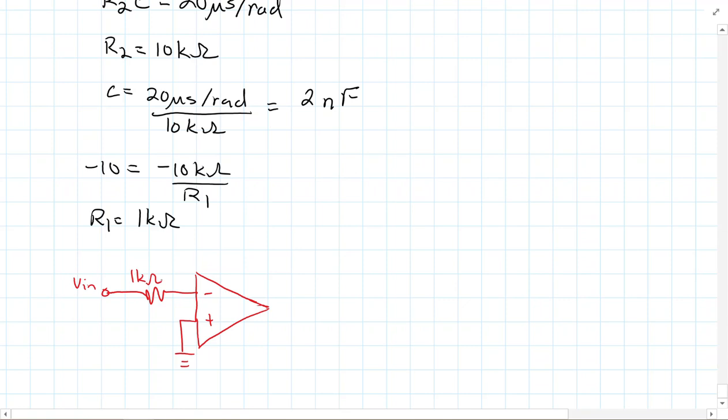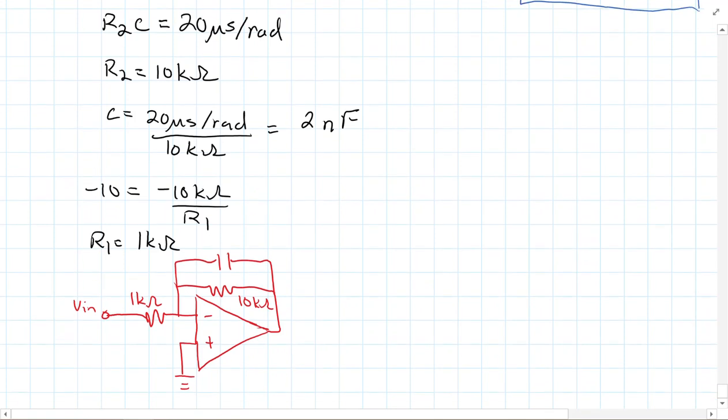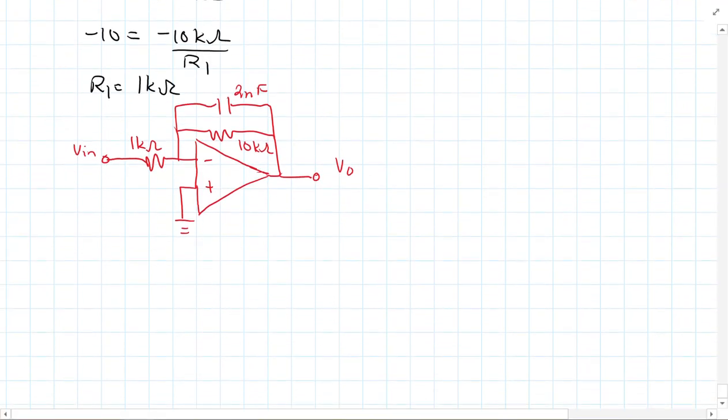So this would be 1k, this would be 10k, and this would be 2 nanofarads, and V out. So nothing really too complicated by that. And we still have the same thing with the cutoff frequency here.